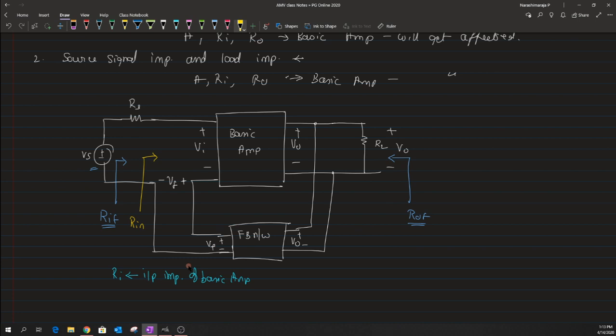Rin is different from Ri and RIF in that it will not include the source impedance into account. So it excludes the source resistance RS, and similarly, even here, I'm just going to add the R out.